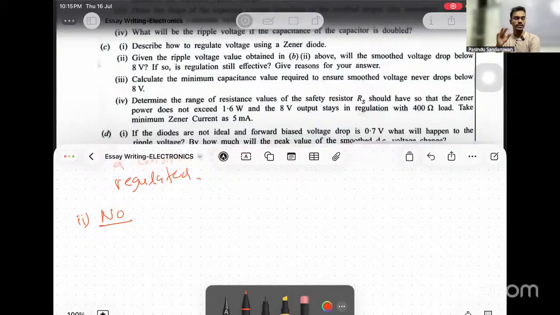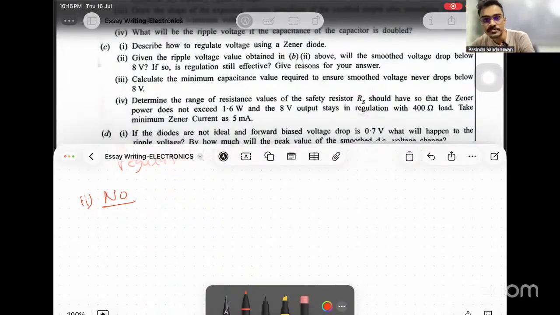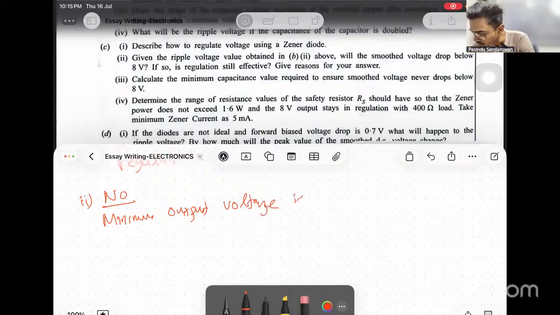Right now, it doesn't fall beyond 13, which means that it is always above 8. Since that is above 8, the Zener diode is always effectively functioning. The reason is the minimum output voltage is 13 volts, according to the above calculation.